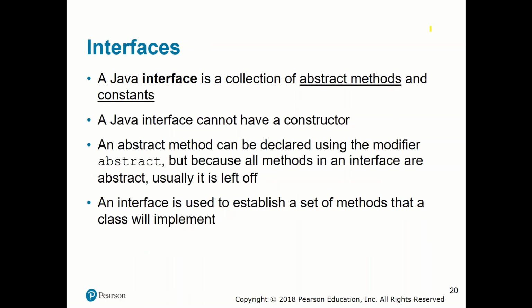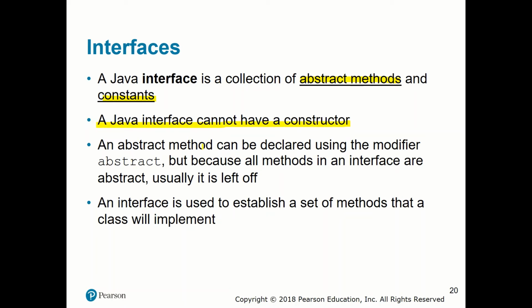Now I will introduce the interface. A Java interface is a collection of abstract methods and constants. So an interface is a special case of an abstract class. A Java interface cannot have a constructor.